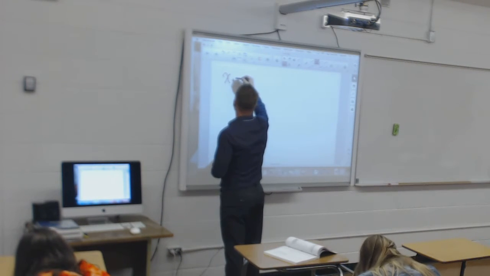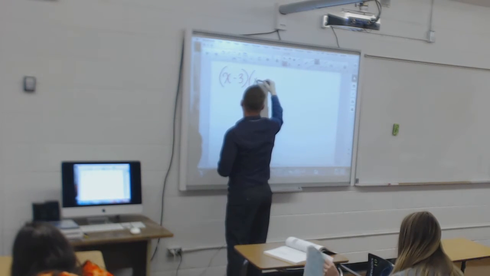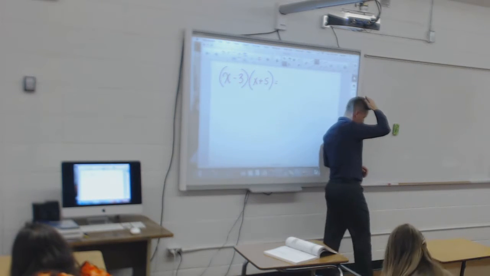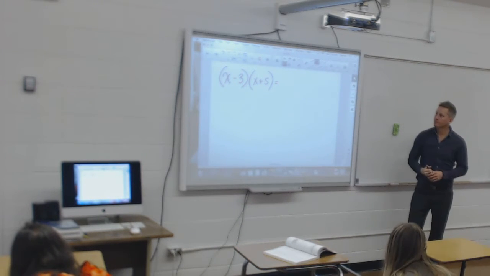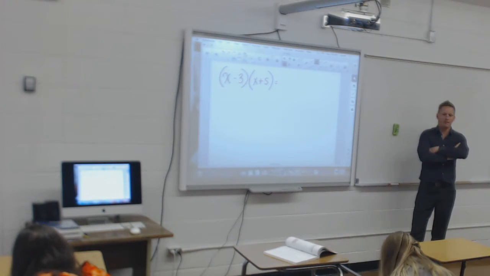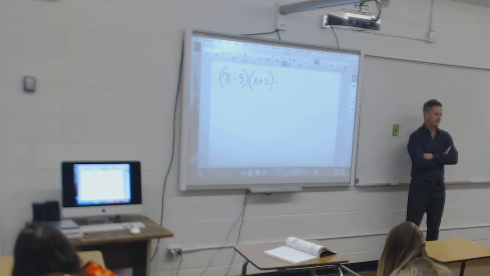Do this on your own then. Use the FOIL method. Put it down on paper. Write it down. Put it at the bottom of the page, wherever you got to put it. Write down what your answer is.